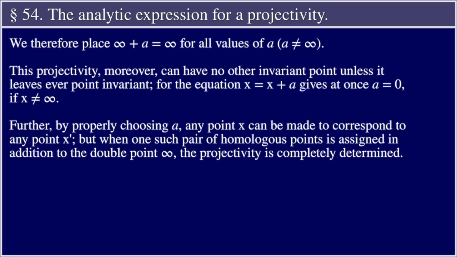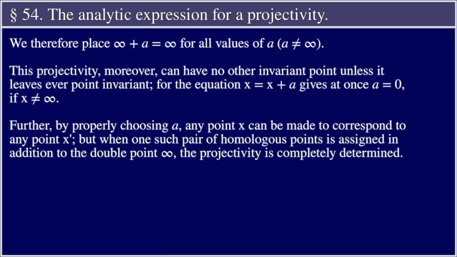For the equation x equal to x plus a gives at once a equals 0, if x is not equal to infinity. Further, by properly choosing a, any point x can be made to correspond to any point x prime.